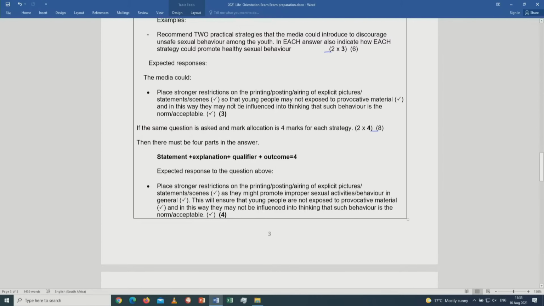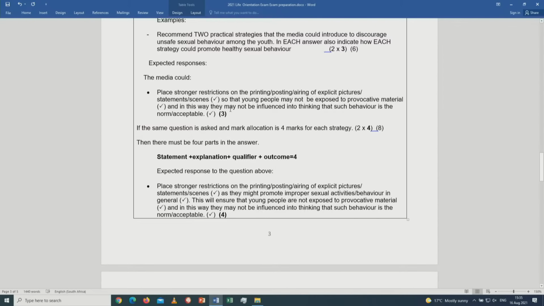That's a fact. 1 mark. Now I'm qualifying that fact. So why? So that young people may not be exposed to provocative material, the second mark.